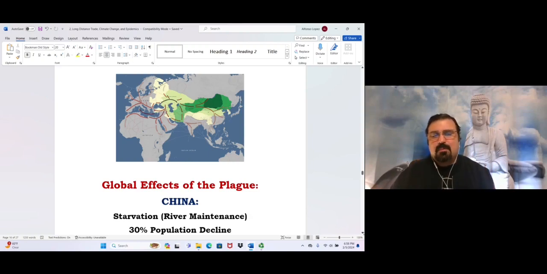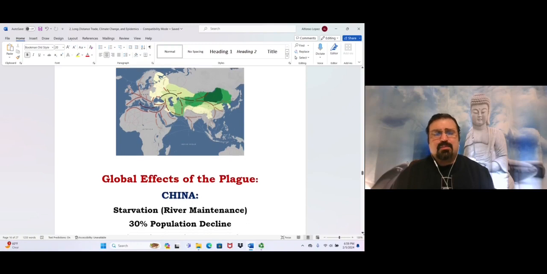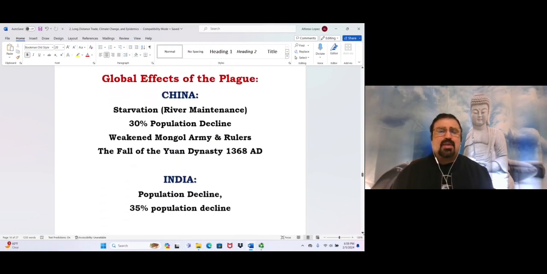Okay, so this is again pretty much tying together economic systems. We're tying together climate, in this case, climatic changes as well, and we're also tying epidemics all into a single system.